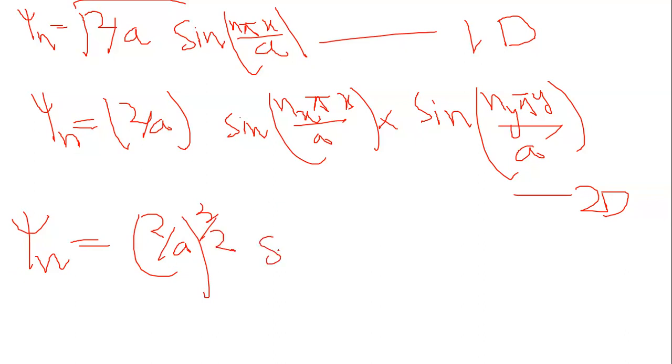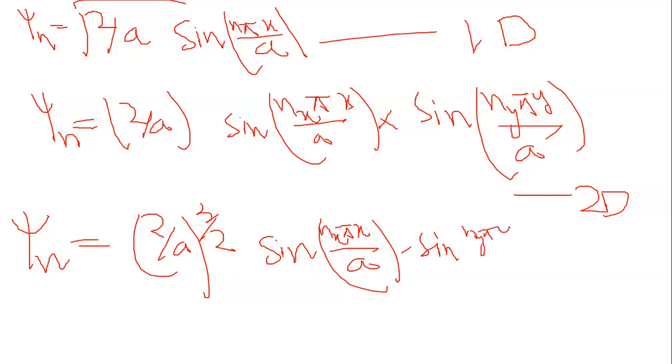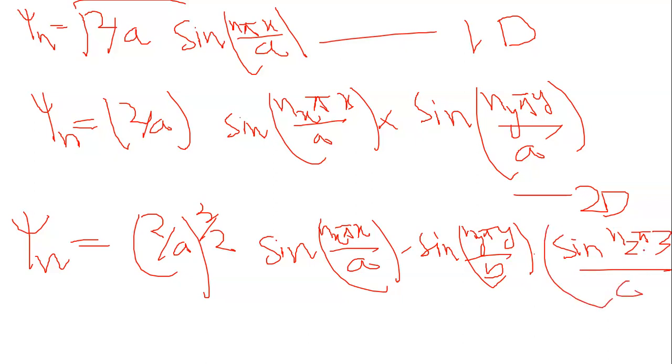So it will be sine nx pi x by a, into sine ny pi y by b, into sine nz pi z by c.